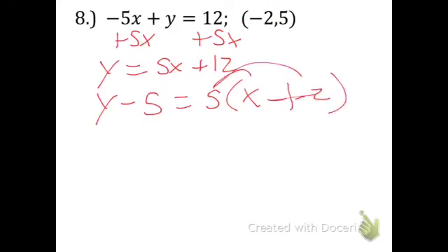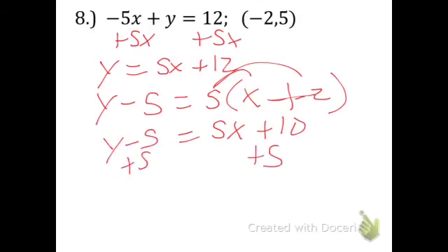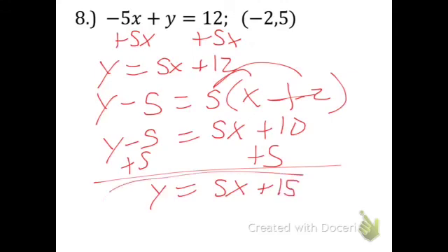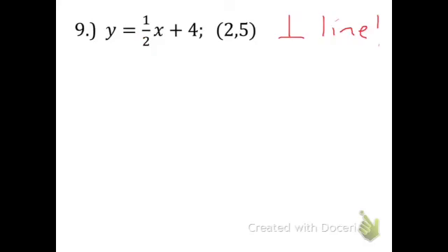And now we have to distribute the 5 through to get the parentheses gone. We have 5x plus 10. And on the left side, y minus 5. We add 5 to both sides to get rid of the 5 on the left. We want to get y by itself on the left there. So now we're looking at y equals 5x plus, not 11, but 15. And that's the whole front side.